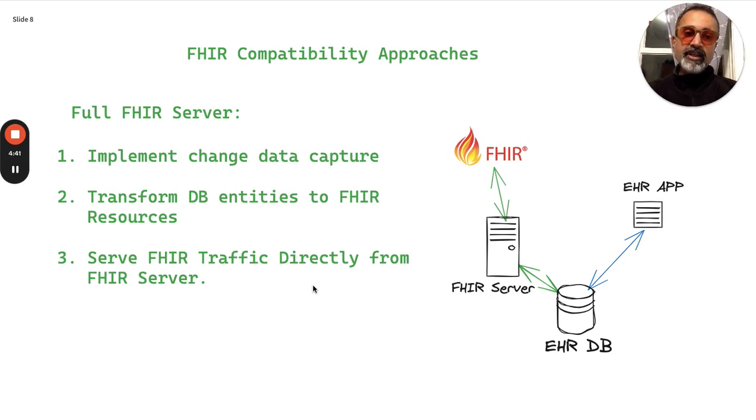Then you can leverage all of the FHIR features, the SMART on FHIR apps and other interoperability requirements that FHIR calls for. So you can install a FHIR server, and then implement any of the integration mechanisms which are available out there.